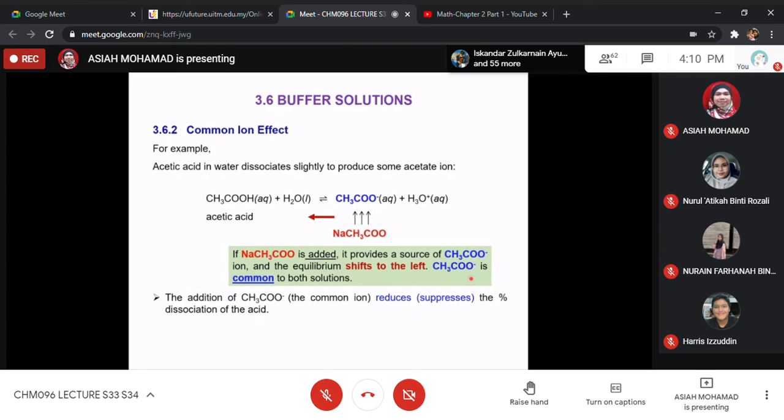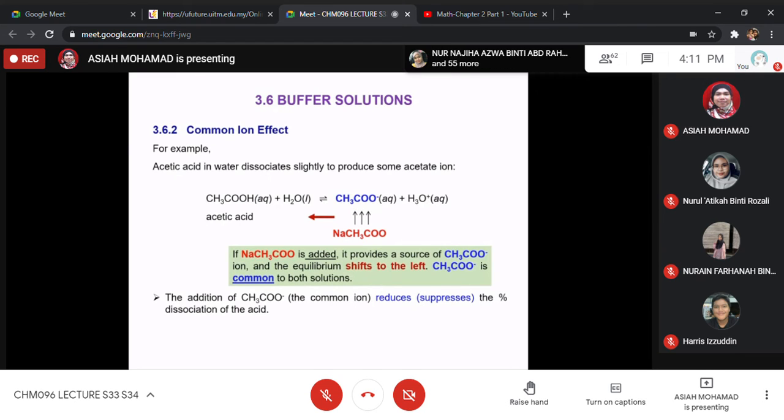So acetate ion is common to both solutions. The addition of acetate ion, the common ion, reduces or suppresses the percent dissociation of the acid. This is what we call the common ion effect, where there is a shift in equilibrium caused by the addition of a compound having an ion in common with the dissolved substance.